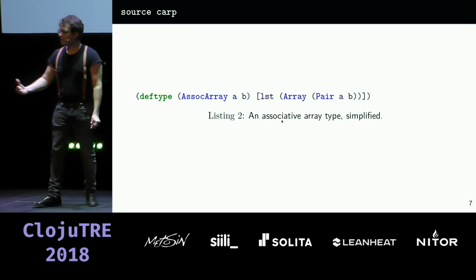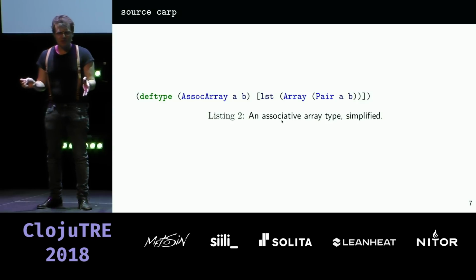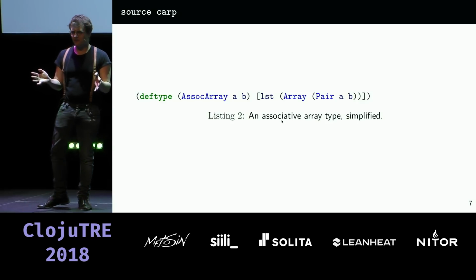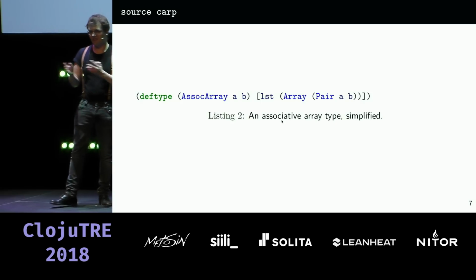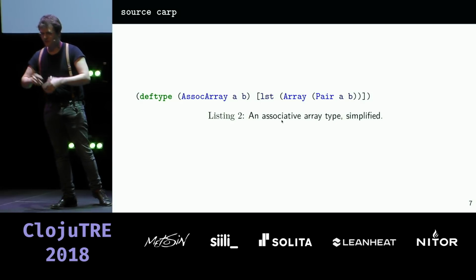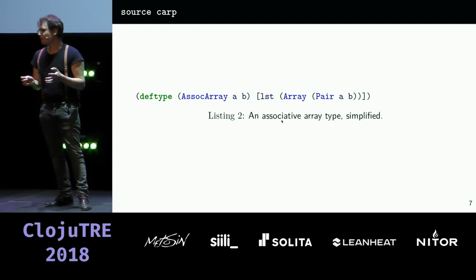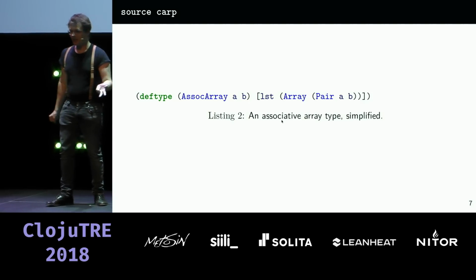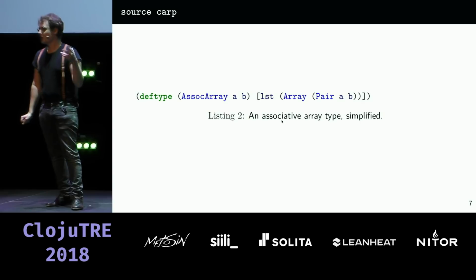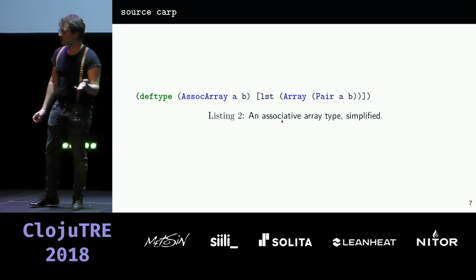How you define types, that's how. I think most of you might know what an associative array is. It's basically a hash map implemented as a list where you have pairs and you look up things linearly. But what we're doing here is introducing type variables. So A and B are type variables that tell us, OK, I'm going to use 2 generic types.